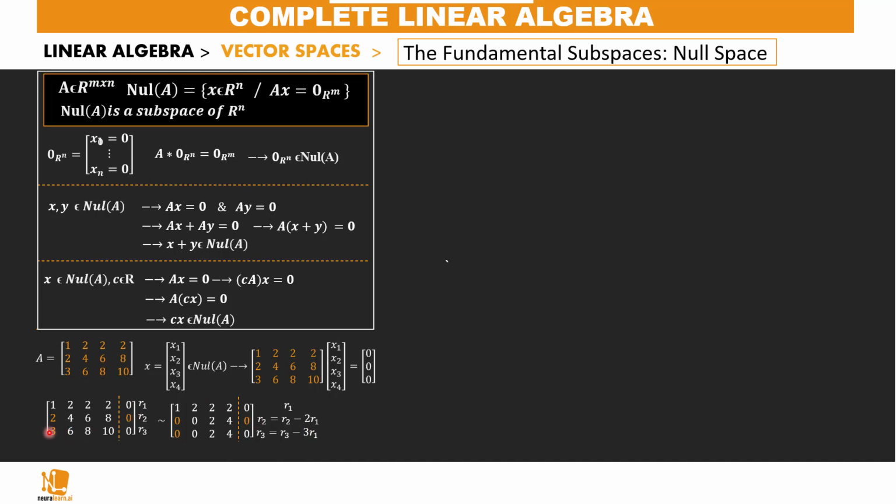For the next row, we have 3 minus 3 times 1 giving us 0. So we have 3 minus 3 times 1, 0, 6 minus 3 times 2, 0, 8 minus 3 times 2, 2, 10 minus 3 times 2, 4, 0 minus 3 times 0, 0.